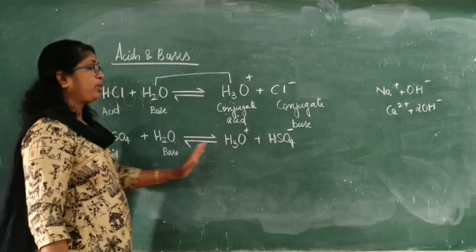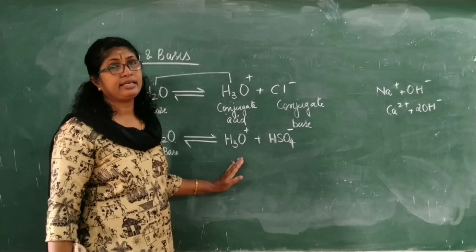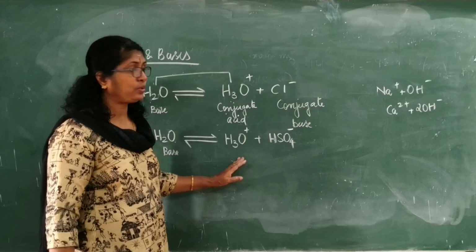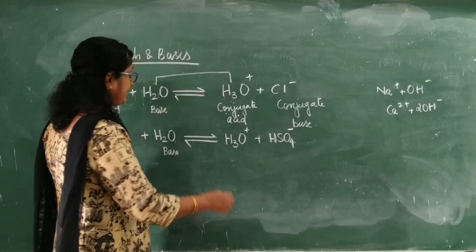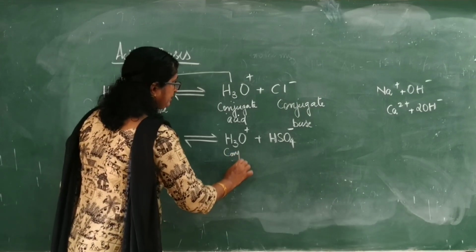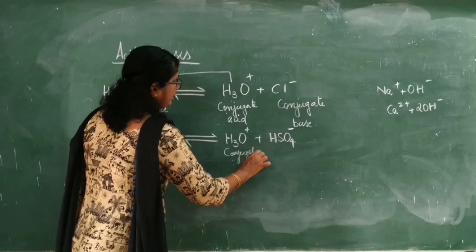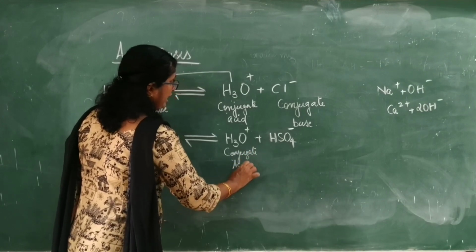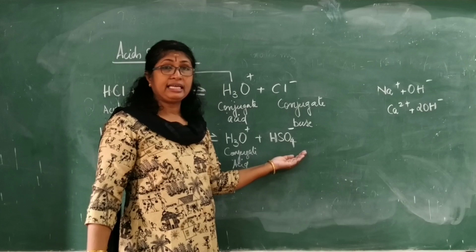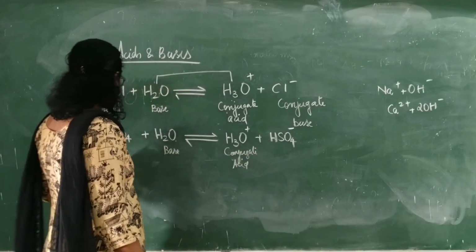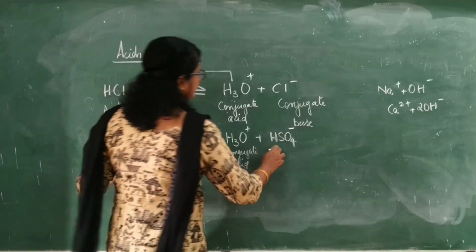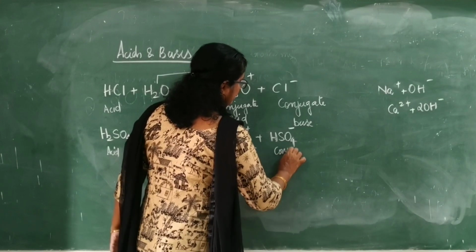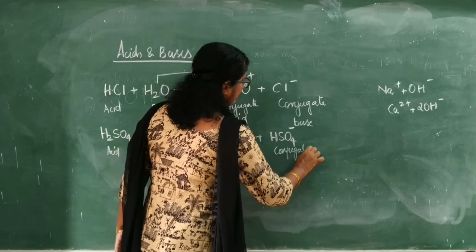H3O plus can release a proton, so it is an acid. That is the conjugate acid of the base water. And HSO4 minus can accept a proton and become H2SO4, so this is the conjugate base.